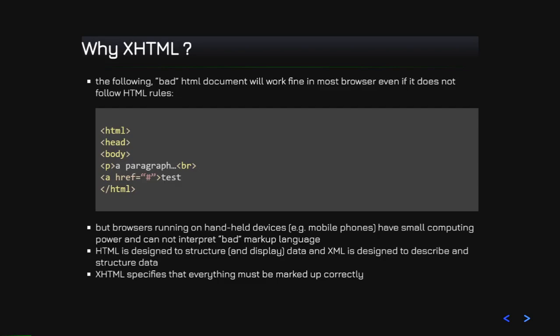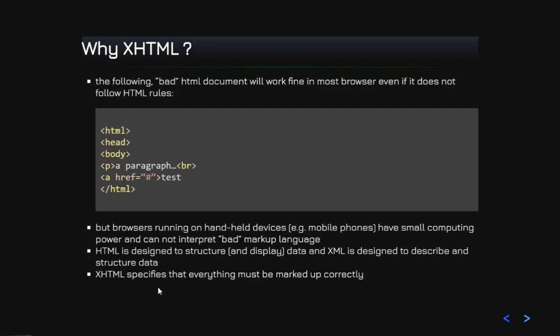An observation here is that the display functionality of the HTML language was initially included in the language, but later on, starting with HTML4 and then 5, this functionality moved to a different language, which is, as you already know, cascading style sheets. So the structure functionality belongs to the HTML language.